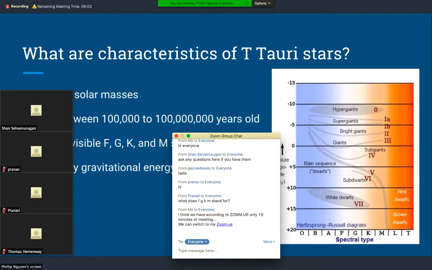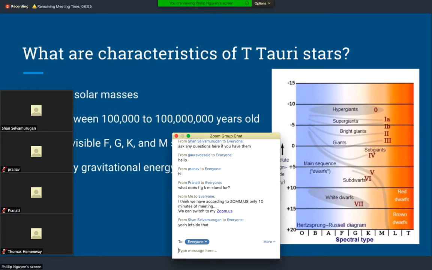Intrinsic means that the star's luminosity changes because the star is swelling or shrinking, and that affects the light. And then extrinsic means that the star's brightness changes because something's blocking the light reaching Earth. Okay. All right. Thanks.